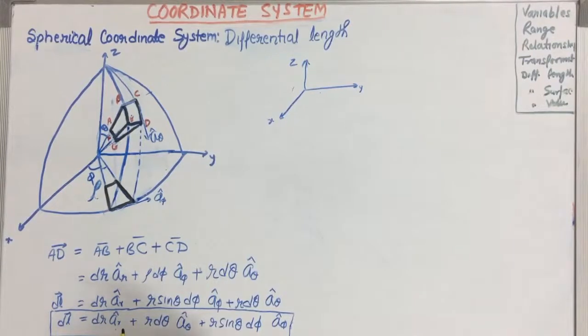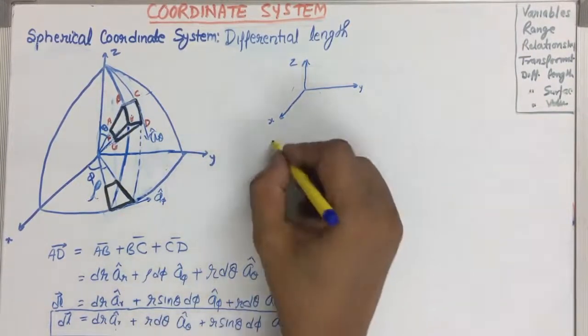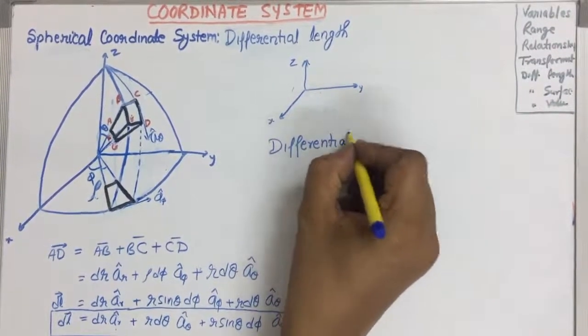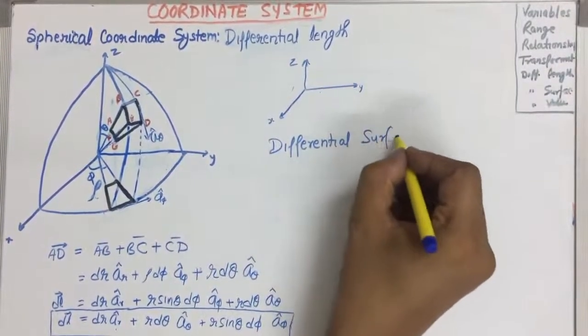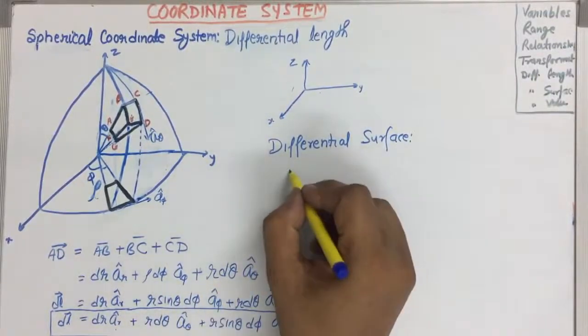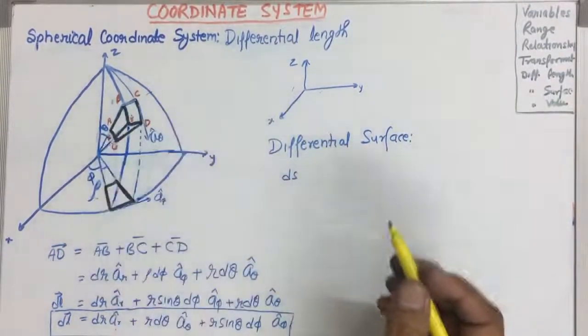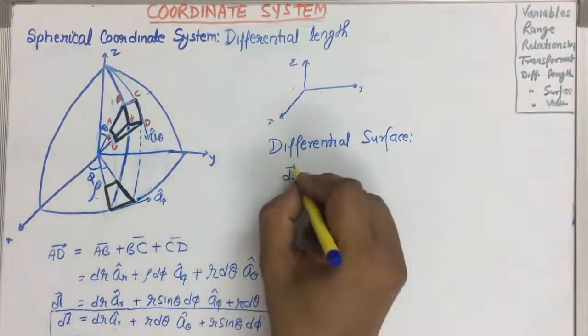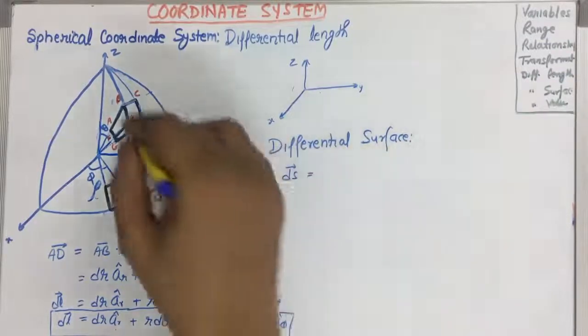After that, if we wish to find the differential surface, there is no need to find the differential surface for all 6 surfaces.